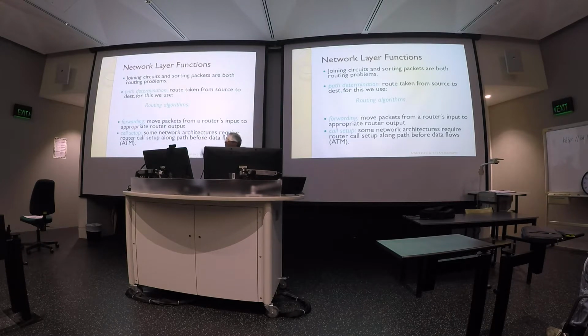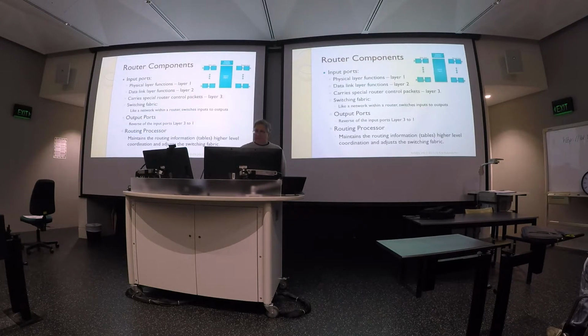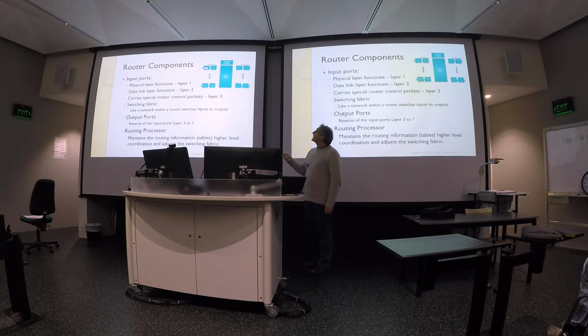And if we've got circuit switching, of course, as I said, you have to do the initial route setting. So here's a tiny picture that you can probably hardly read of a router. You've got a selection of input ports, a collection of output ports, and the point is to take things from here, switch through some fabric into an appropriate output port.